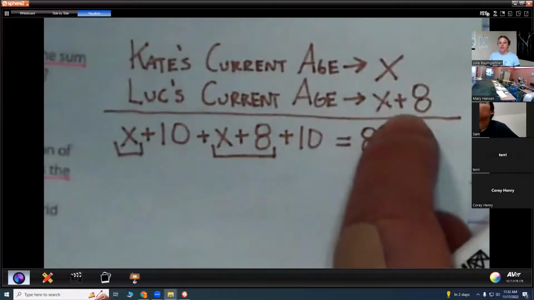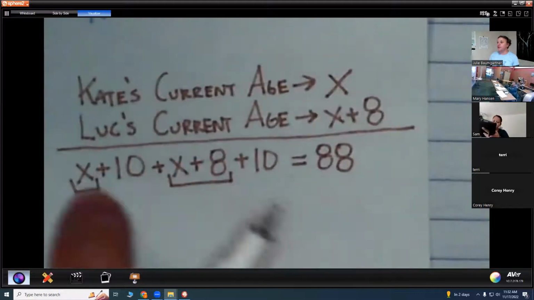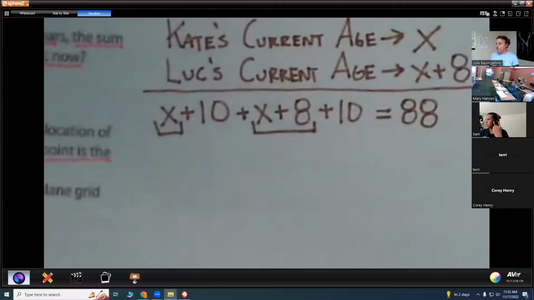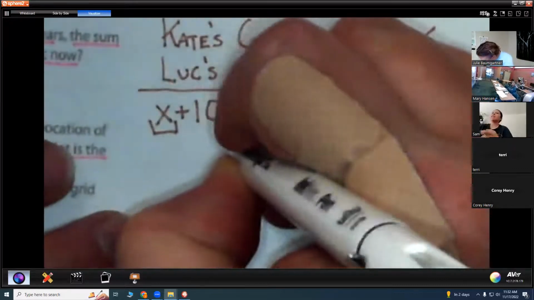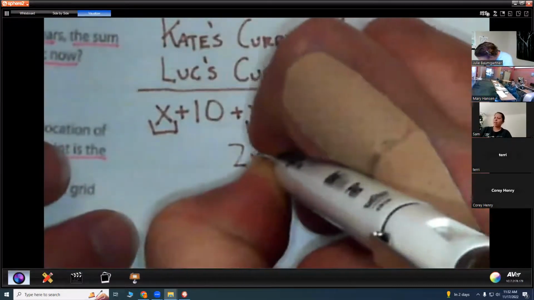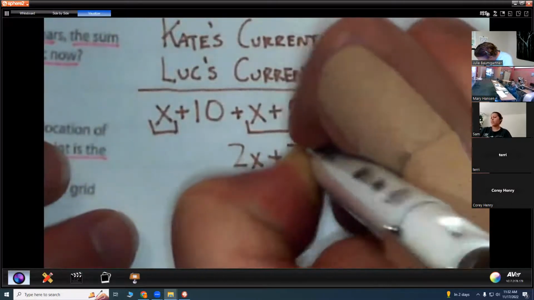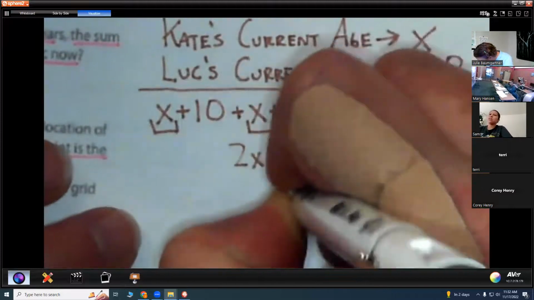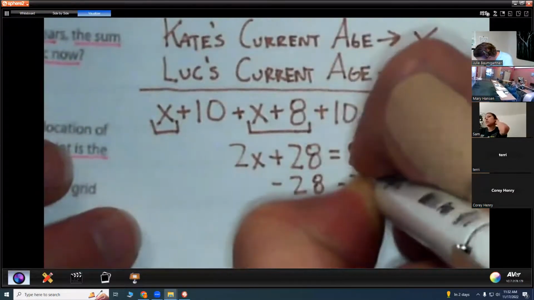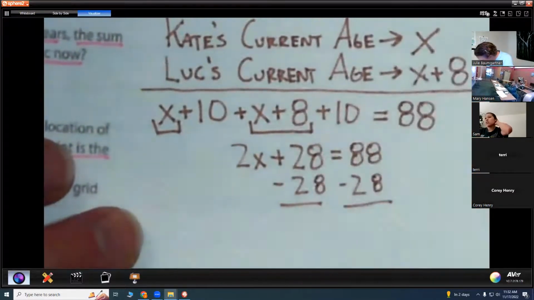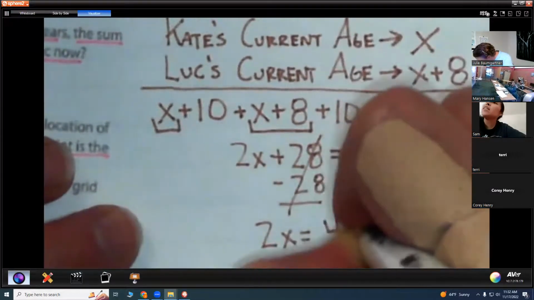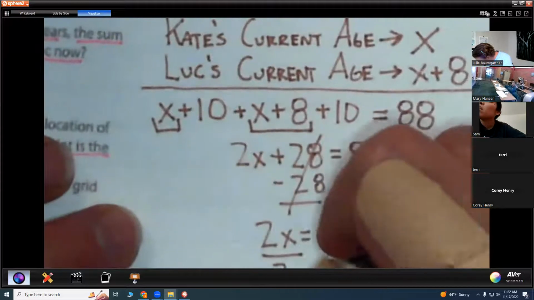The answer wants us to tell Luke's current age, so we'd have to take our answer to our equation here and add 8. So, 2x. Stop me if I'm going too fast.